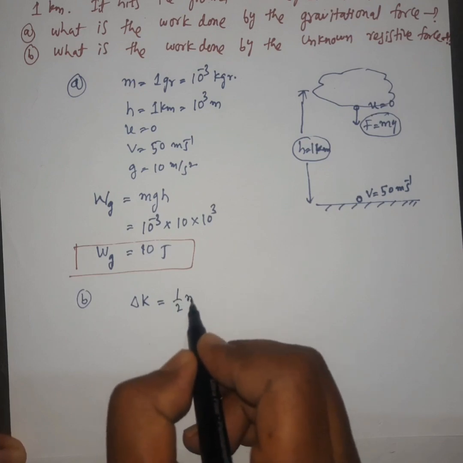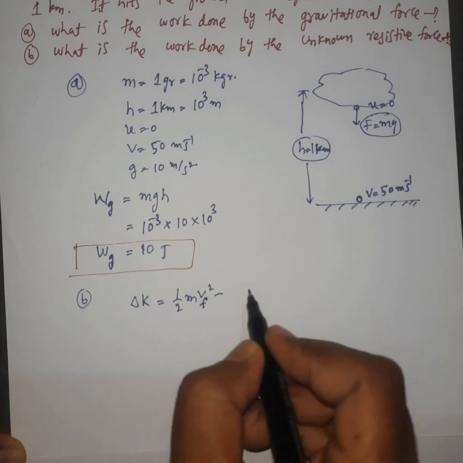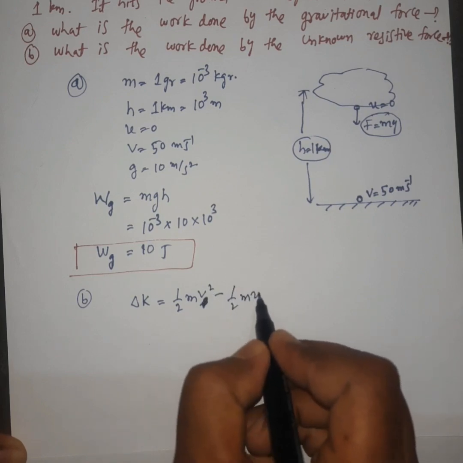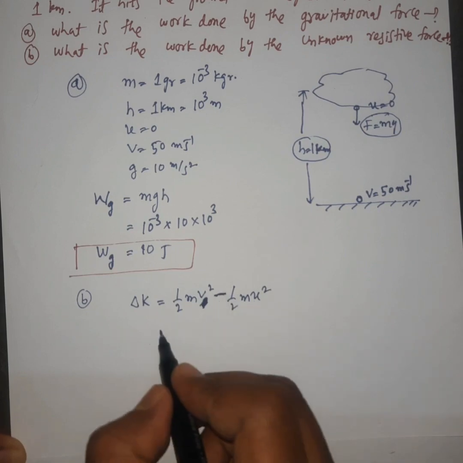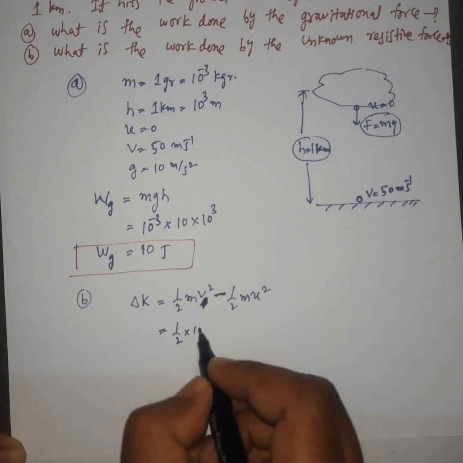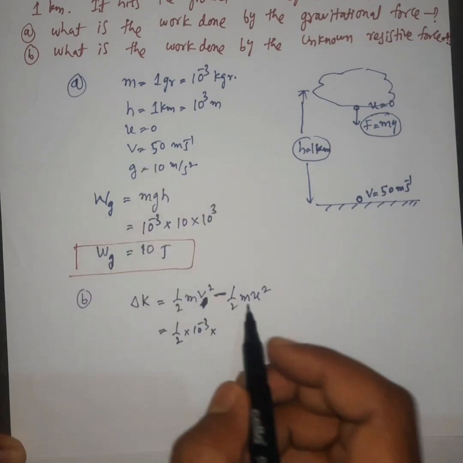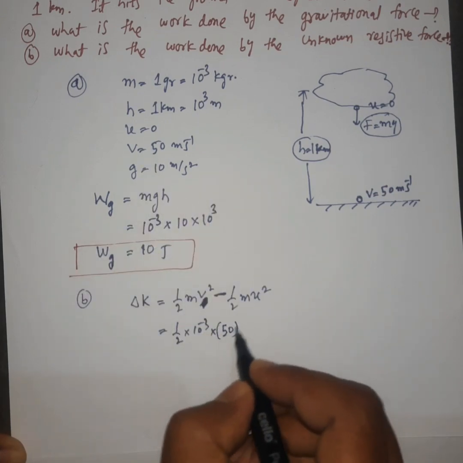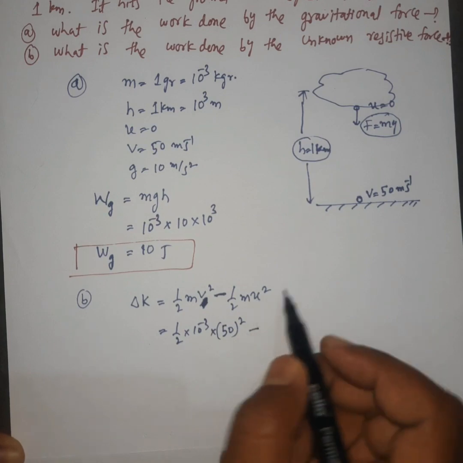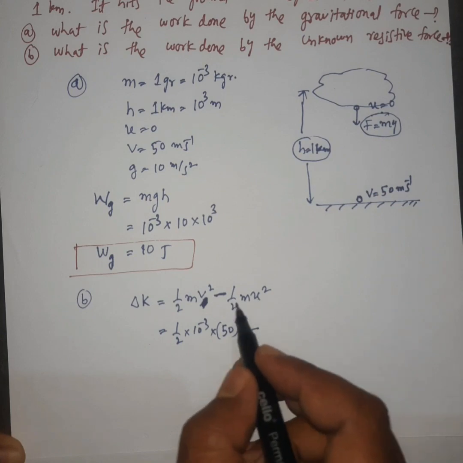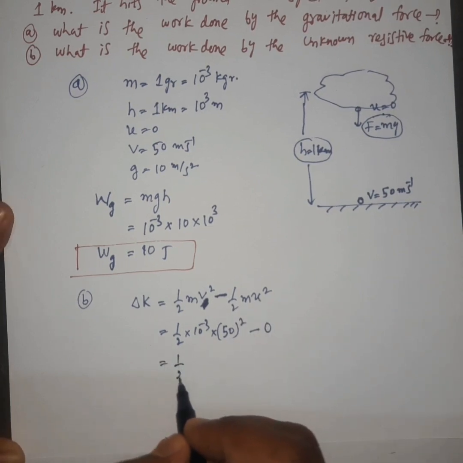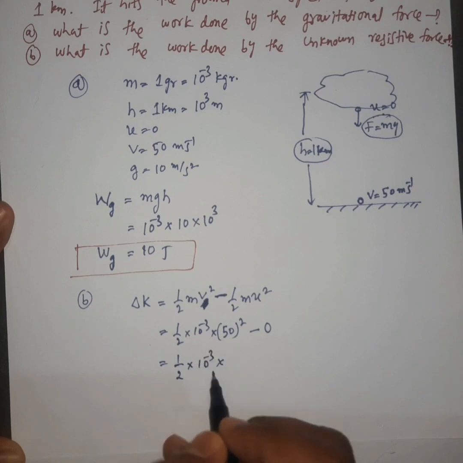That is half mv square minus half mu square. Here m is given, it is 10 to the power minus 3. v is given as 5, and the initial velocity u is 0, so 0 into something is 0. Finally, half into 10 to the power minus 3.